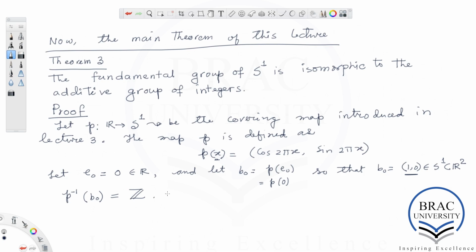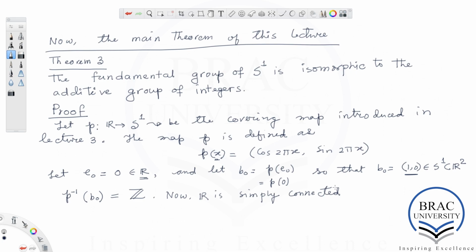Now note that this covering space R is simply connected, right? R is simply connected.